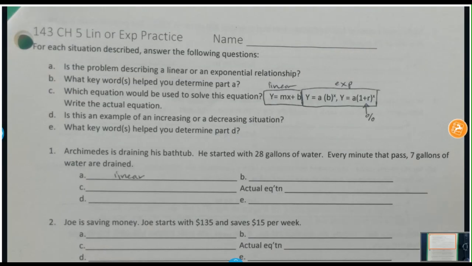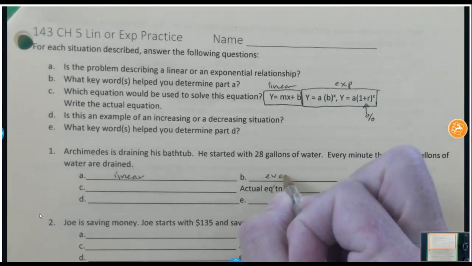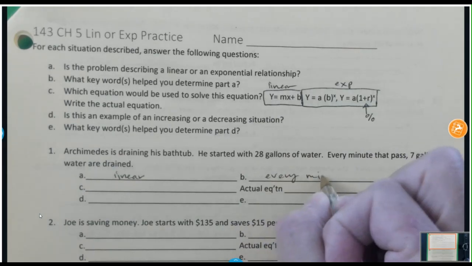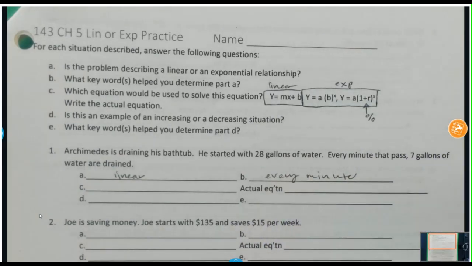That's okay, very good. Every minute. Every minute is indicating to us that it's doing the same thing in a consistent fashion. That's a little bit different than exponentials. Now, you might have put something else on that line. Drained. Okay, that's fine. Drained would have worked too. Drained's going to be an answer to the other question, so I didn't put that one there.